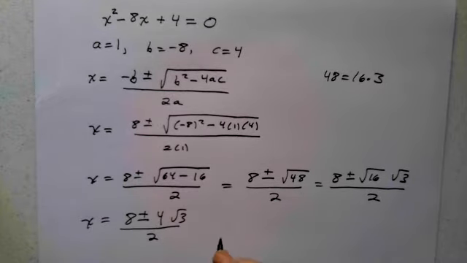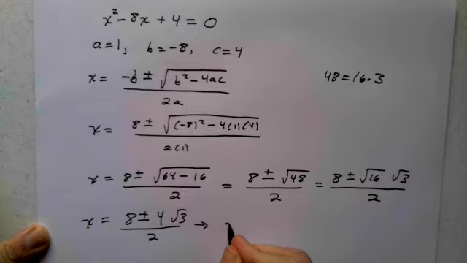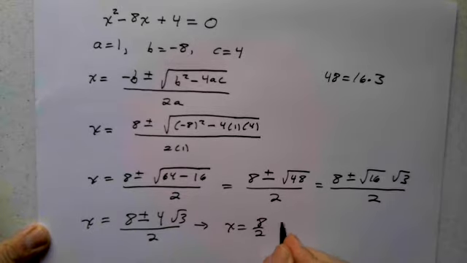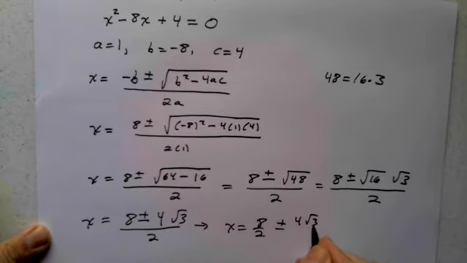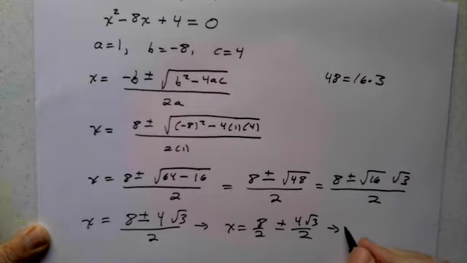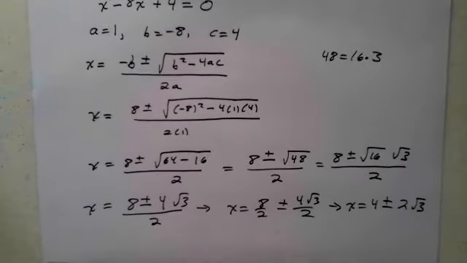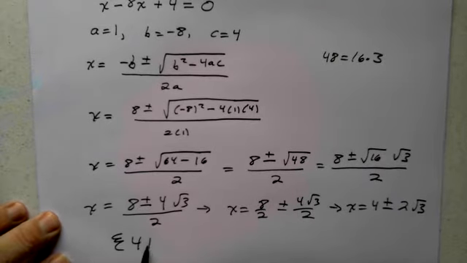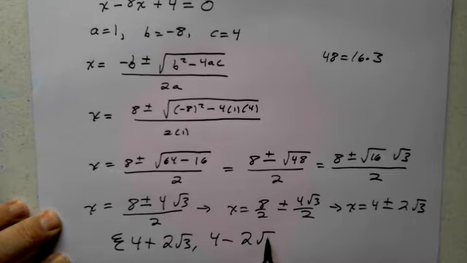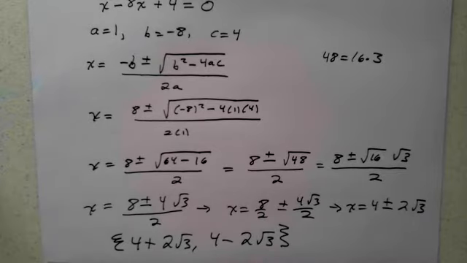So it's 8 over 2 plus or minus 4 root 3 over 2, which gives me x is 4 plus or minus 2 root 3. You want to write that in set notation, so I like to use curly braces for that. One of my answers is 4 plus 2 root 3, and the other answer is 4 minus 2 root 3. So that was solving it using the quadratic formula.